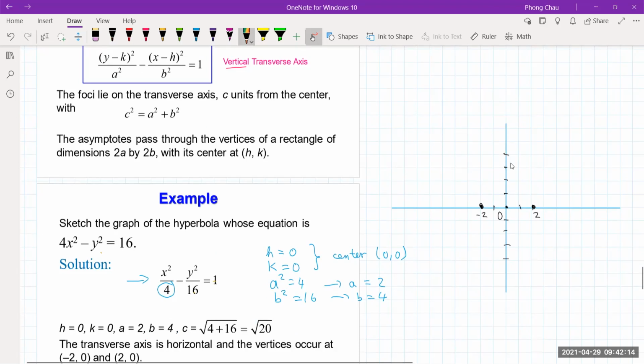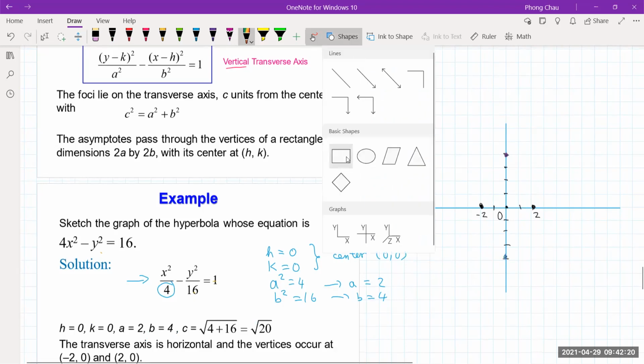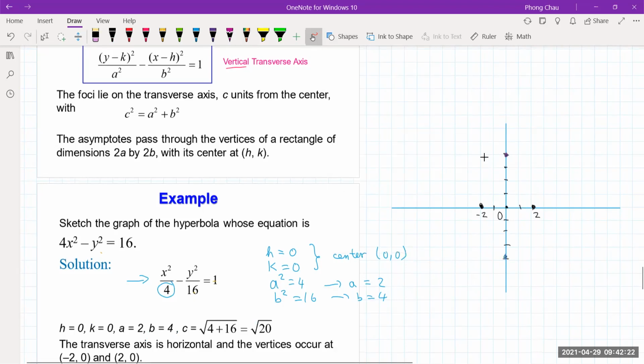So this point here is not on the hyperbola. However, I want to use that to construct the rectangle that helps us figure out the asymptotes. Okay, the asymptotes. And so you can draw the asymptotes.